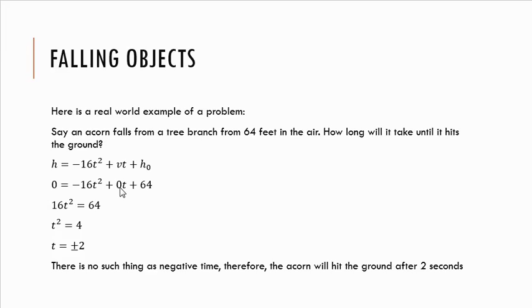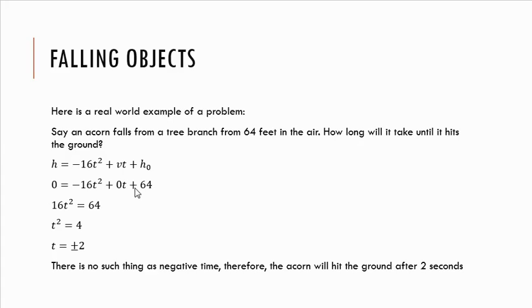If it's being dropped, that means it has no initial velocity. So I'm going to put a 0 there for my initial velocity, and therefore this middle term will disappear. Because anything multiplied by 0 is 0, we can get rid of that.